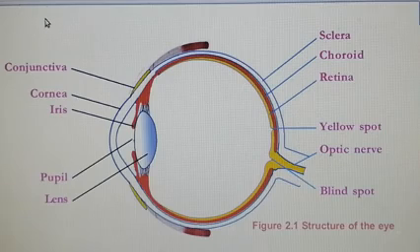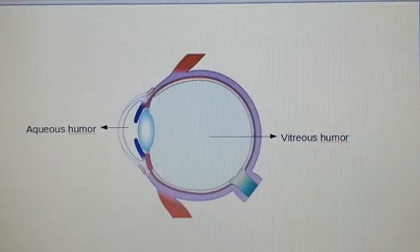Now we are going to another point, that is the fluids in our eye. Mainly two fluids are present in our eye, aqueous humor and vitreous humor. This chamber is called aqueous chamber.